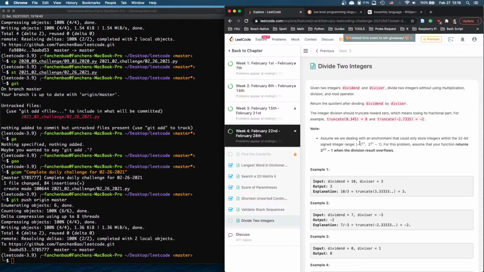So say we do 10 divided by 1. We minus 1 first, give us 9, and then we're going to minus 2, give us 7. Now we're going to minus 4, give us 3. Now we're going to minus 8, and this one overflows. So we stay at 4, which gives us 7 already.